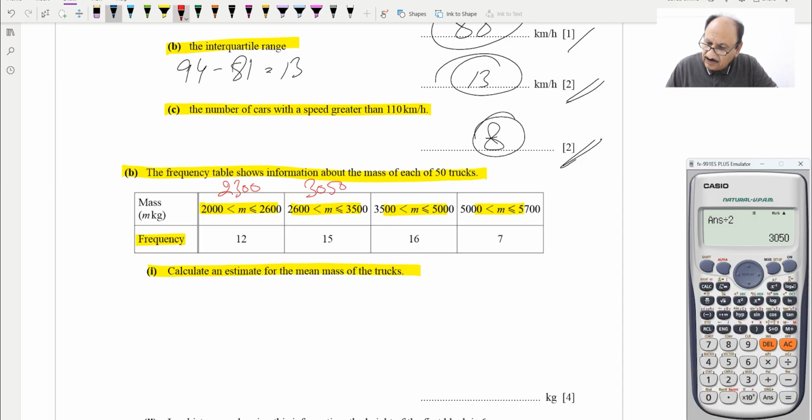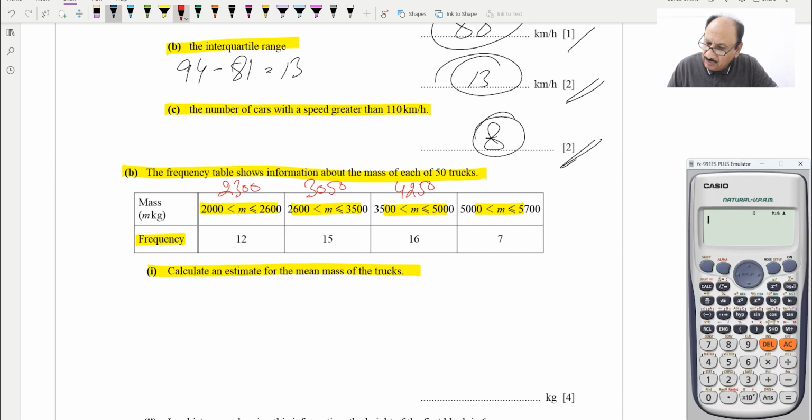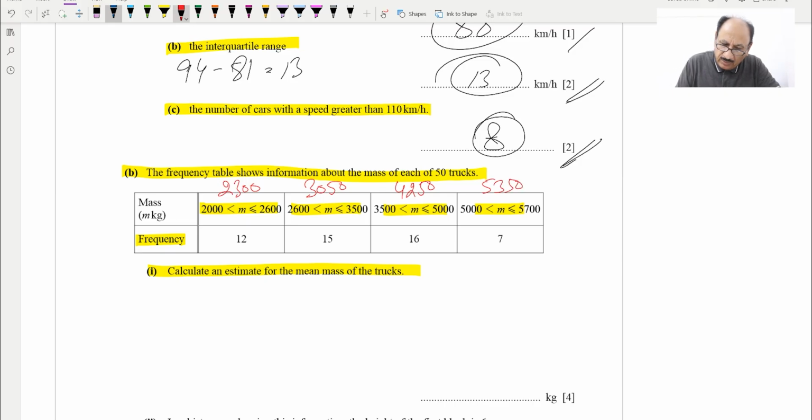Similarly, for the next class width, 3500 plus 5000, divided by 2 will be giving us 4250, and the last one is 5000 plus 5700, and divided by 2 will be 5350. Then we'll have to check for the mean, and the formula for the mean is what?